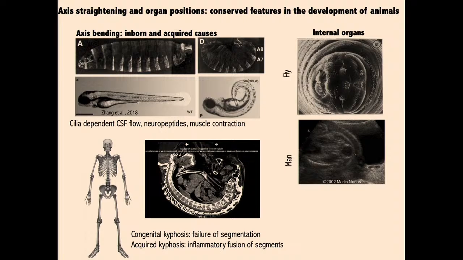You can often see them on those little wooden platforms with wheels moving around like that. But what I also want to use this to tell you is that the positioning of the internal organs, here again I'm talking about the opening of the gut at the back, is very similar in flies and in humans, and that's why we decided it was worth our while to figure out how this happens.